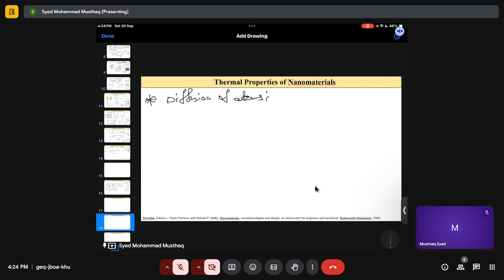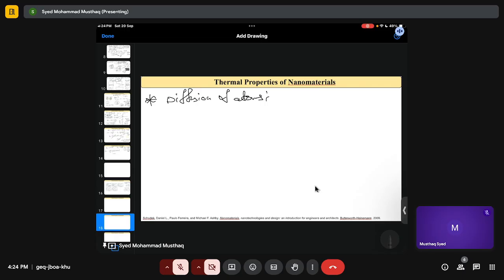Because phonons are themselves the atomic vibrations. The main reason behind it is the scattering of phonons. Phonons can scatter because of other phonons. It's not a single phonon; there are so many phonons inside a solid material. Each phonon can travel a certain distance, and that distance is the same as the mean free path, which we use for atoms when we talk about diffusion of atoms.